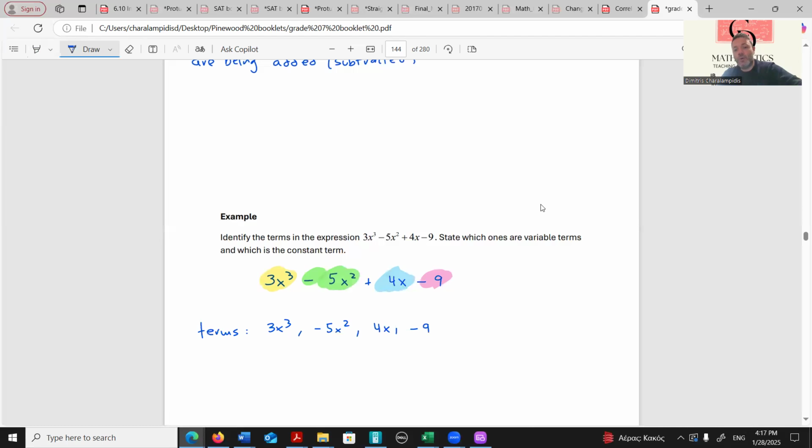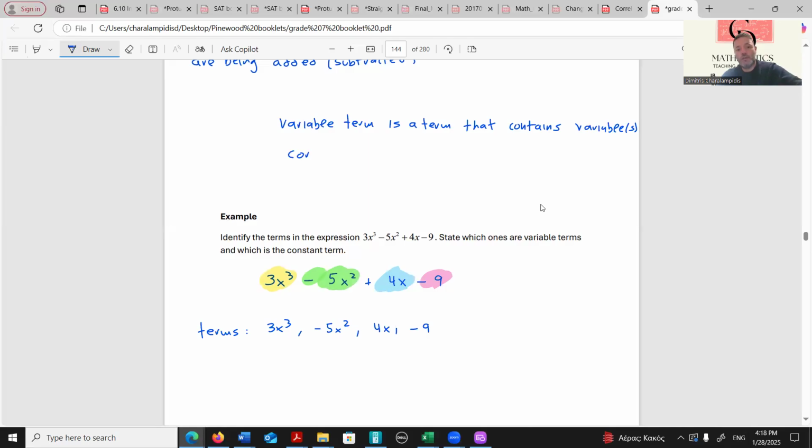State which ones are variable terms and which is the constant term. Okay. A variable term is a term that contains a variable or variables.